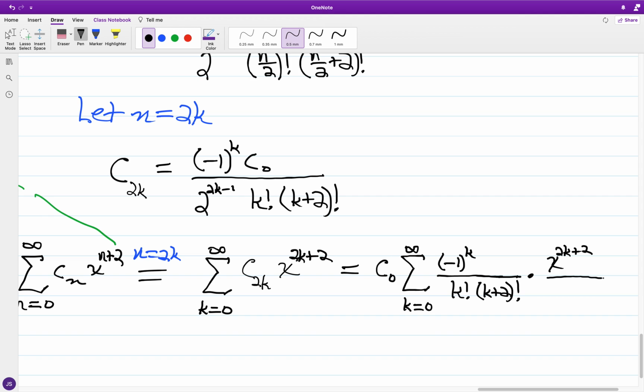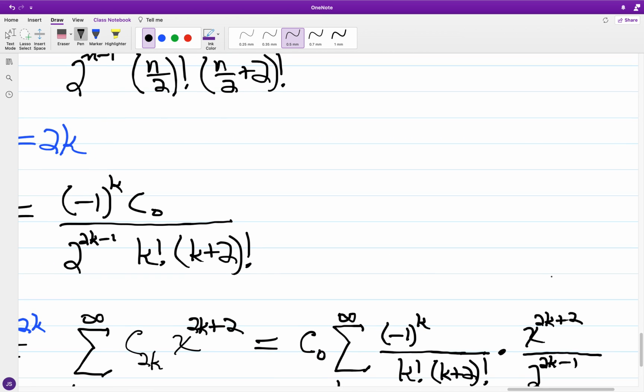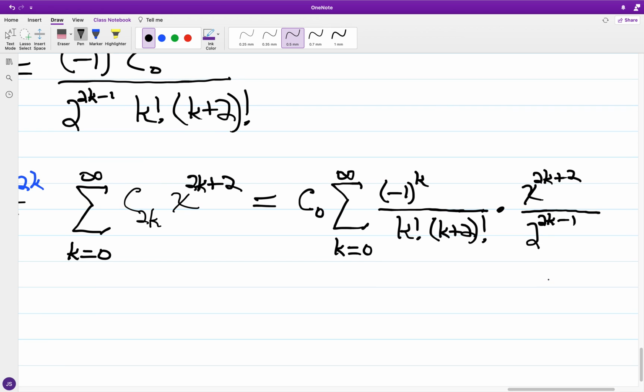And right now I have over 2 to the 2k minus 1. And I want to put this in terms of where the power is going to be at 2. Okay. And what I can do here is I can rewrite this for this 2 over 2 raised to 2k minus 1.